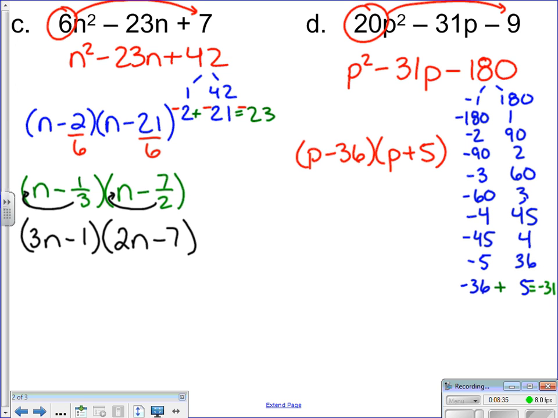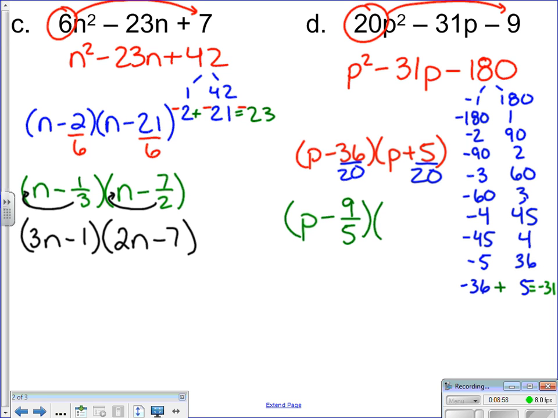Now I have to go back and divide. 20 does not go in evenly to 36 or 5, so I will reduce my fractions. 36 over 20 will reduce to 9 over 5.